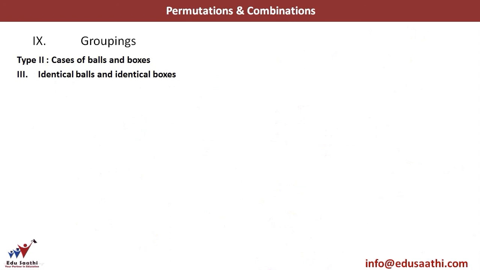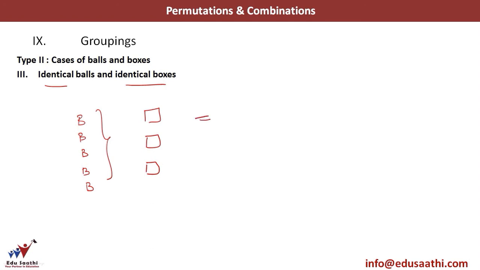Let's move to this next type. Let's say I have identical balls and identical boxes. I have 5 identical balls in 3 identical boxes. In how many ways can this be done?